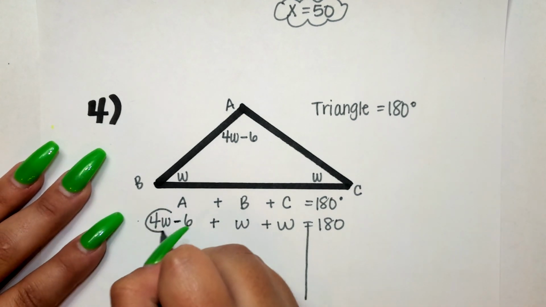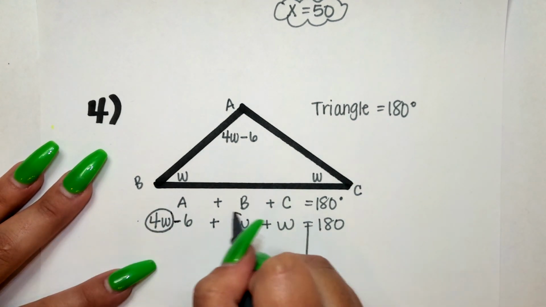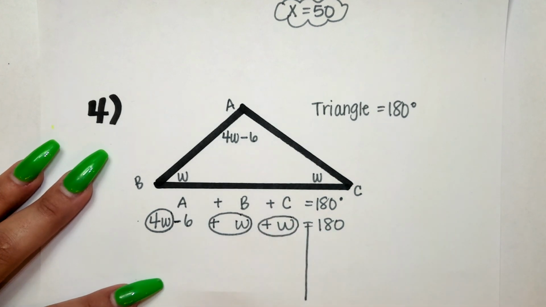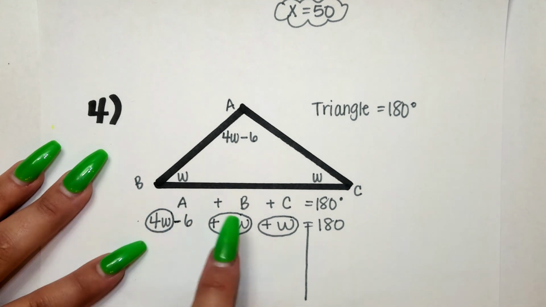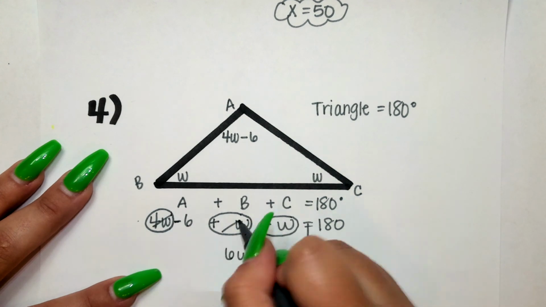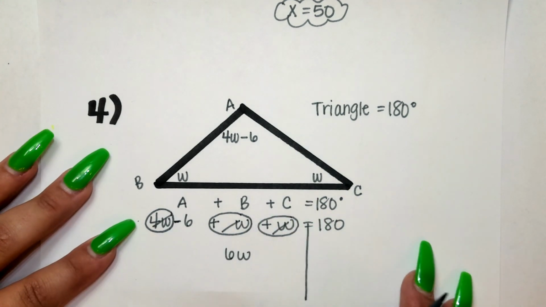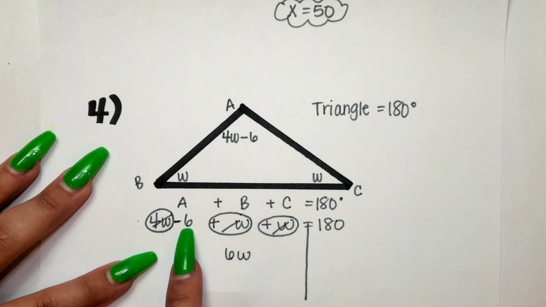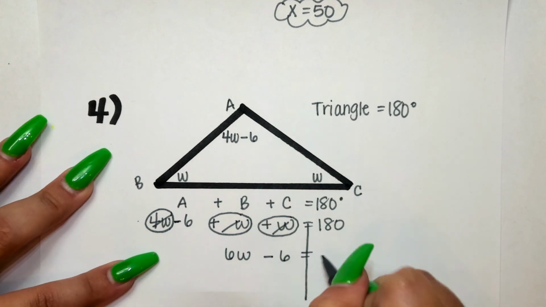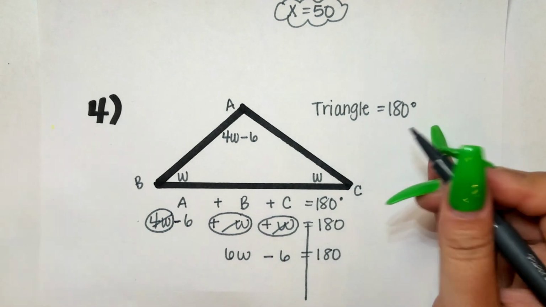So I have 4W, a positive W, and another positive W. I can't combine the 6 because it doesn't have a variable. So I have 4, 5, 6W. So I use these. So since negative 6 is the only thing left, I'm just going to bring down the negative 6 equals 180.